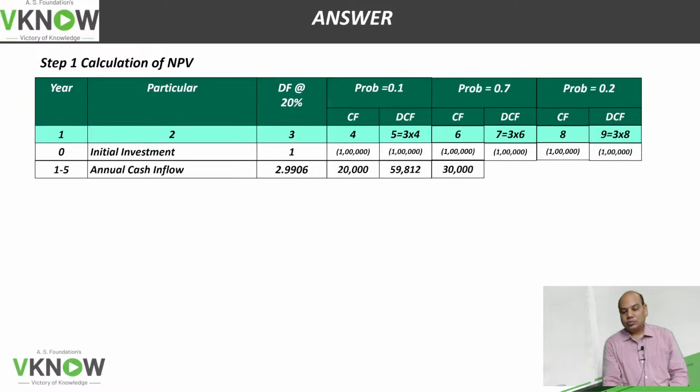59812. Cash flow can be 30,000, multiply with annuity factor, 89718. Probability 0.2, cash flow 40,000 into 2.9906, 1,19,624.